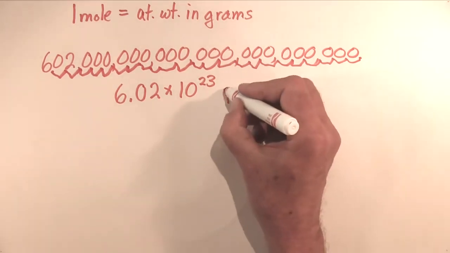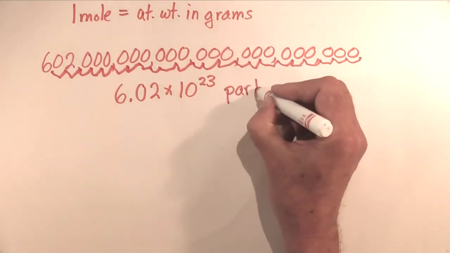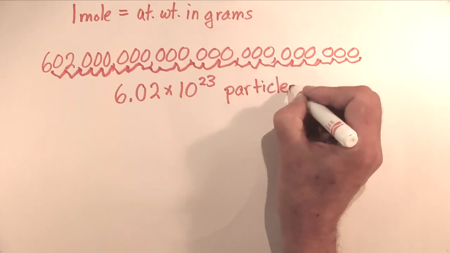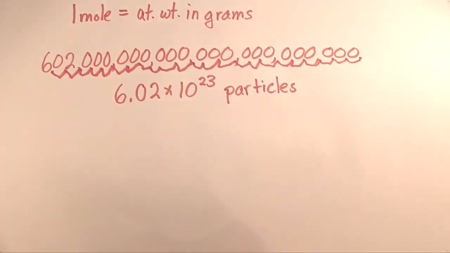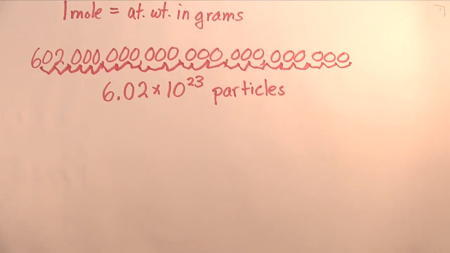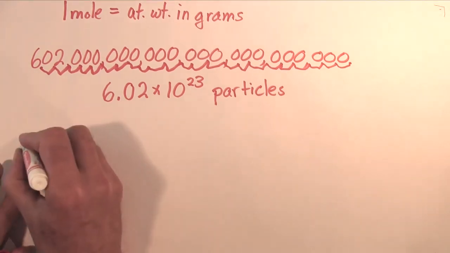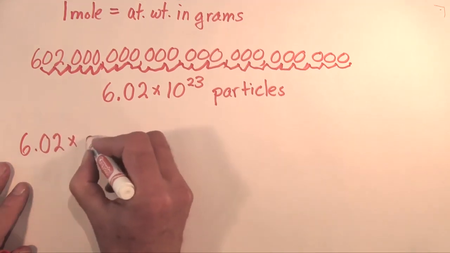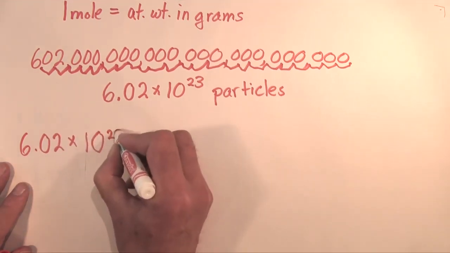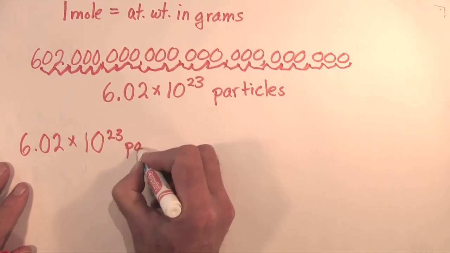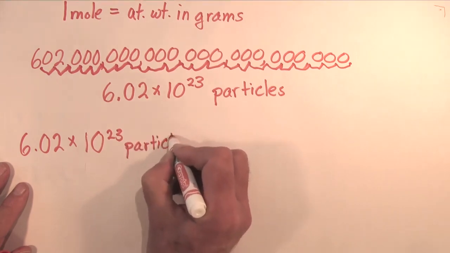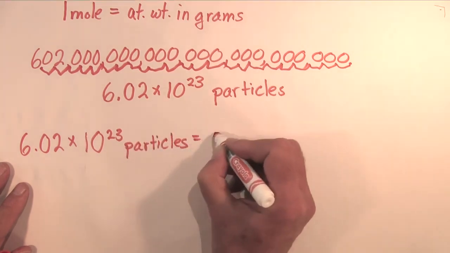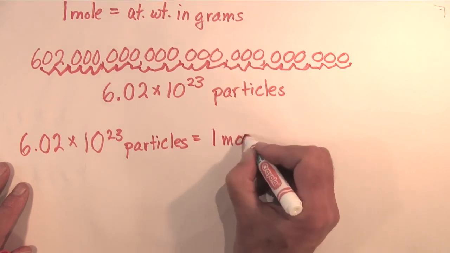I'm going to just call them particles now for this. It could be giraffes. So now we have a new part to this equation. We have 6.02 times 10 to the 23rd particles equals 1 mole.